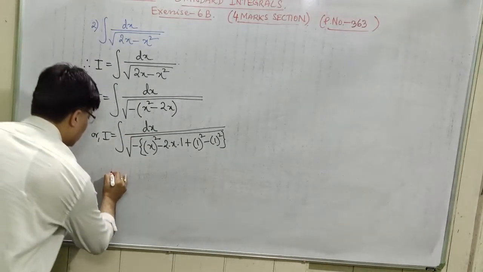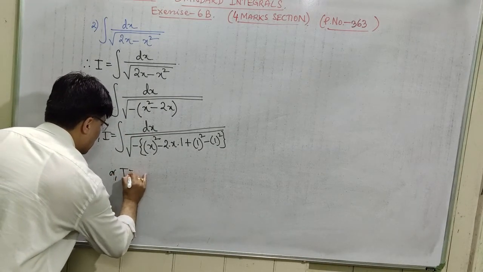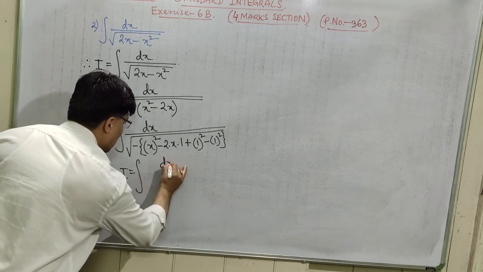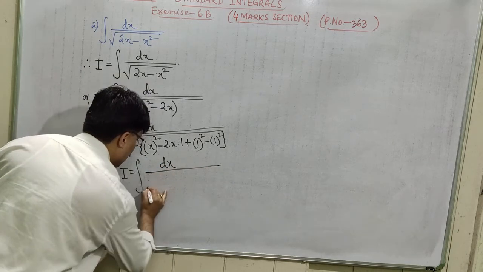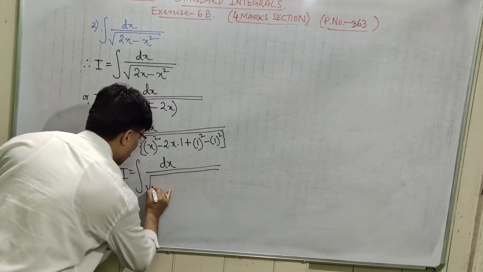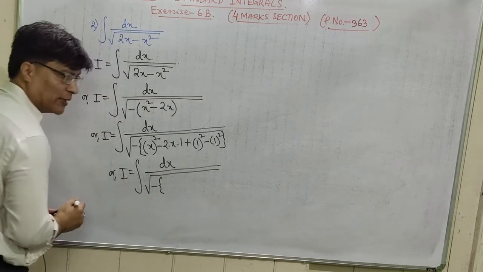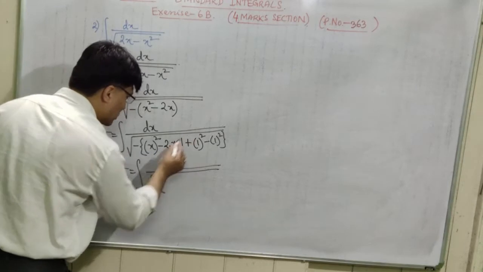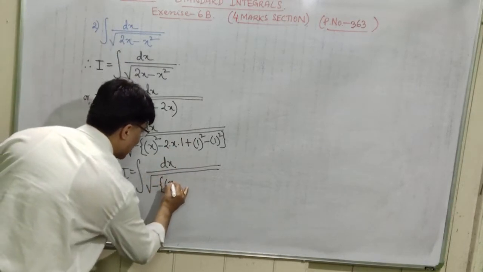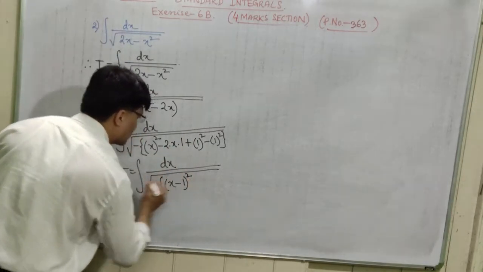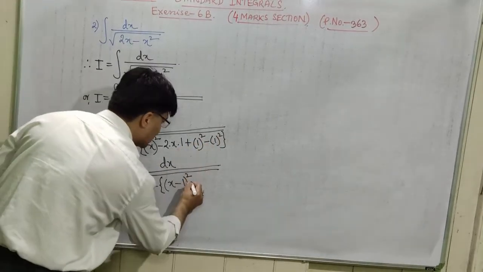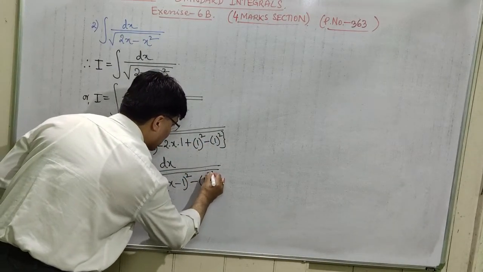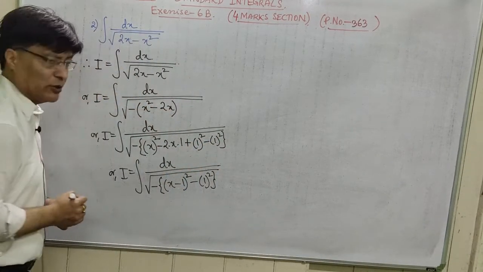So I is equal to integration of dx divided by square root of minus within second bracket. What is a whole square minus twice ab plus b whole square? It is x minus 1 whole square. Then minus 1 whole square is here. Let us write down the last one, that is 1 whole square.